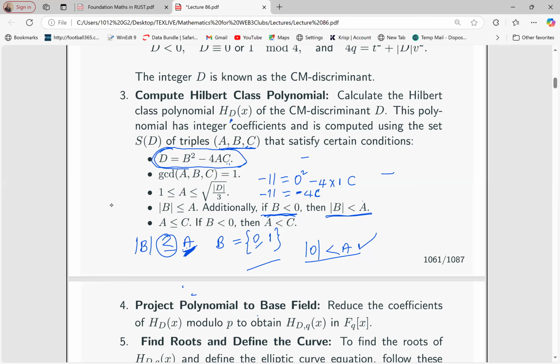And remember that negative 11 here is a prime number. Okay, so what is C? C is 11 over 4.